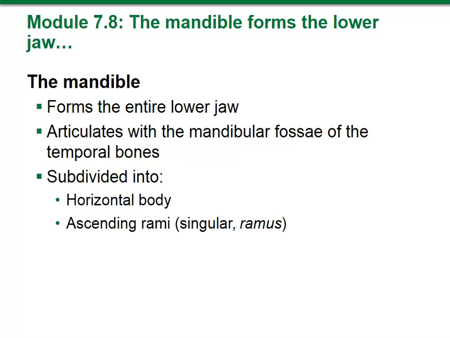To the mandible. It forms the entire lower jaw. It articulates with the mandibular fossa of the temporal bone. So where it actually fits and articulates with the temporal bone in here, that's the mandibular fossa.